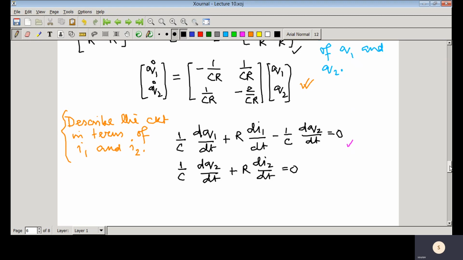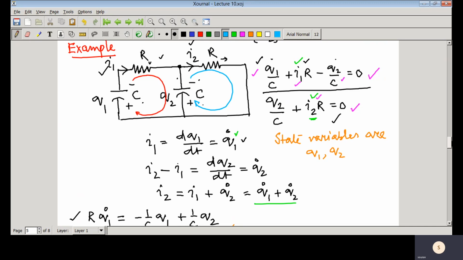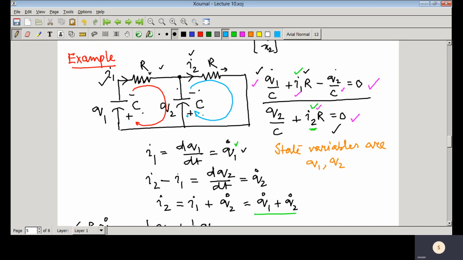So now we can see here what dq1 by dt is. dq1 by dt is nothing but I1. Similarly, what is dq2 by dt? You can see in the circuit that dq2 by dt is I2 minus I1, because of the current flowing here and flowing here.